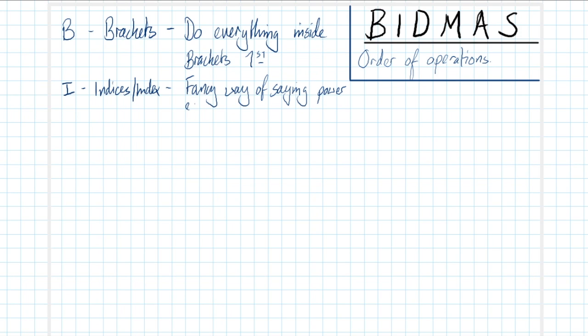So for example, 2 to the power of 3. 3 here is the index. So what this means is as we go through the question we do the brackets first and then we do the indices. Next is divide.